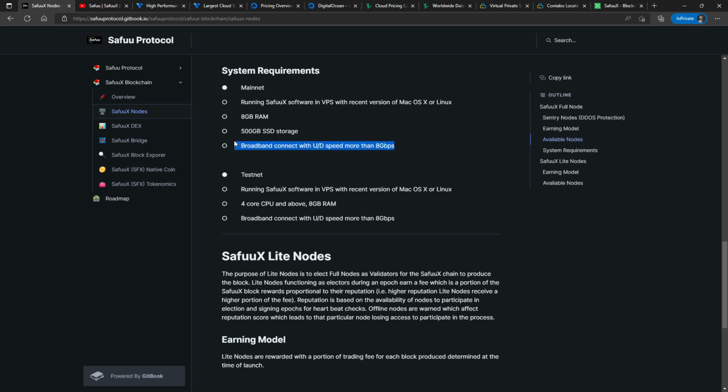So until that's corrected, I've just left that one. The other piece of information here is that we need a 4-core or 4 virtual CPU for the processor. So these are the facts we know as per the white paper, and I've based all my videos on this information, including this one.